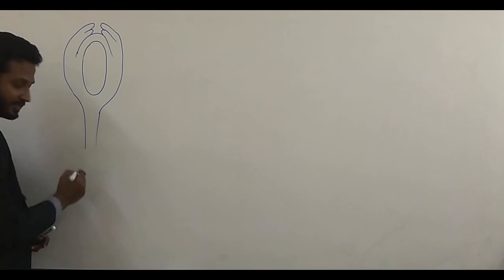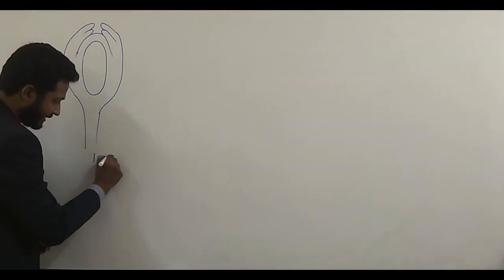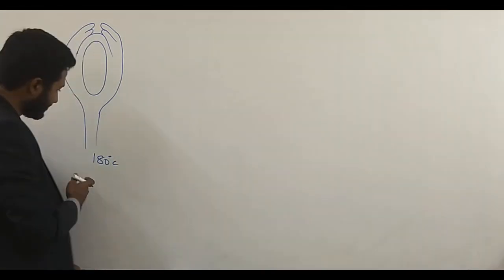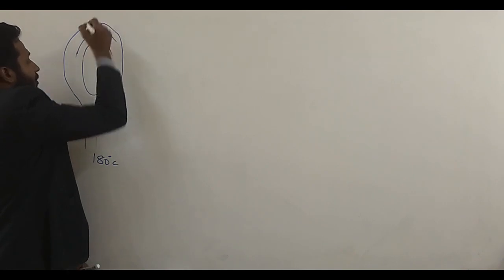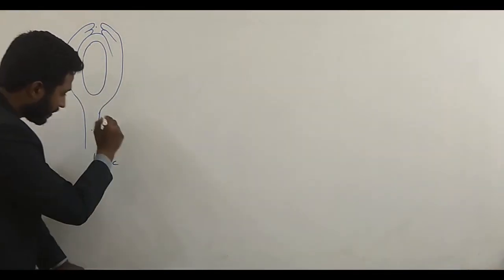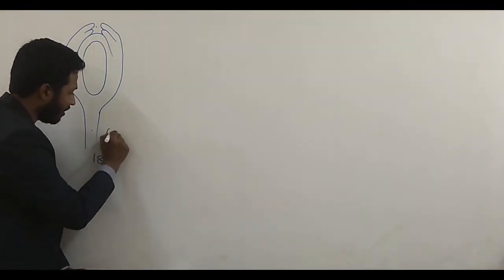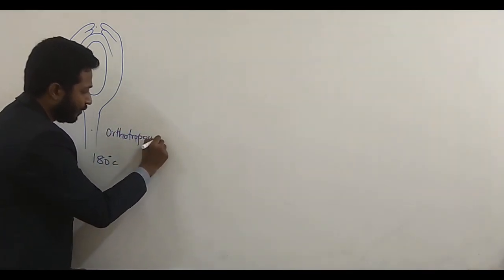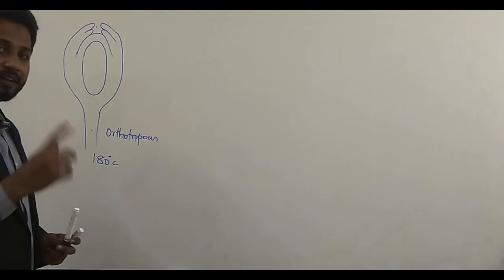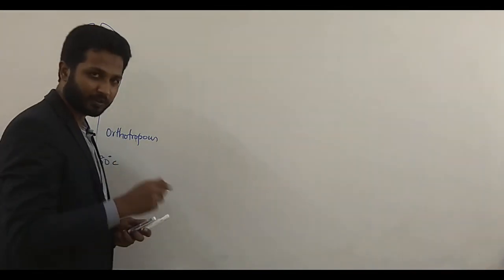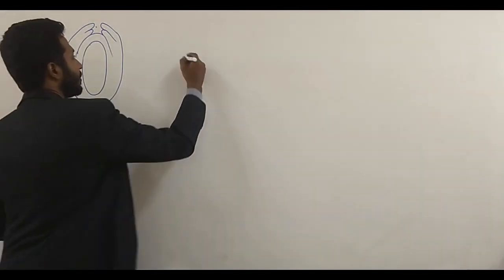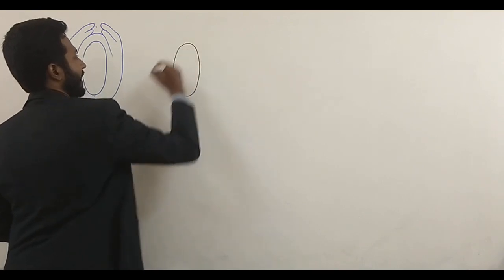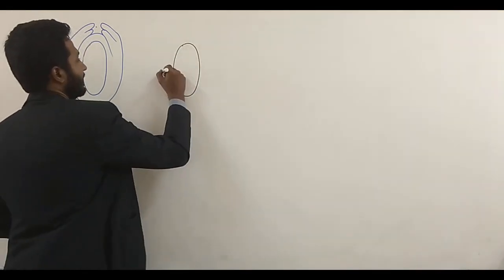It lies in one axis at 180 degrees. This straight line is being formed between the micropylar end and the chalazal end. We call such kind of ovule an orthotropous ovule.